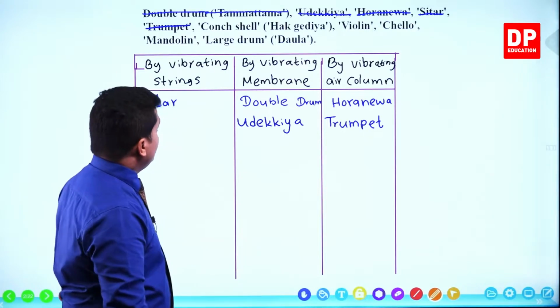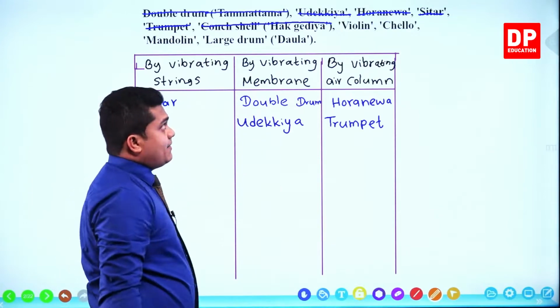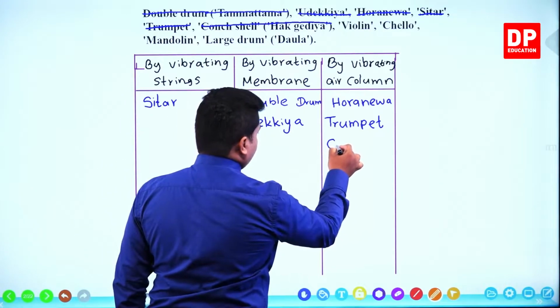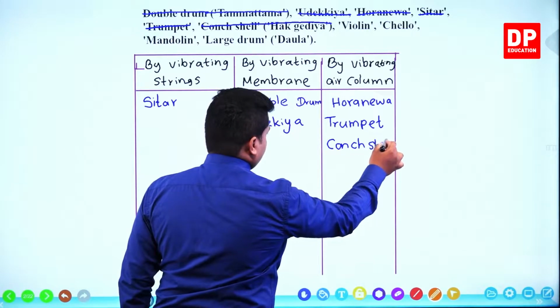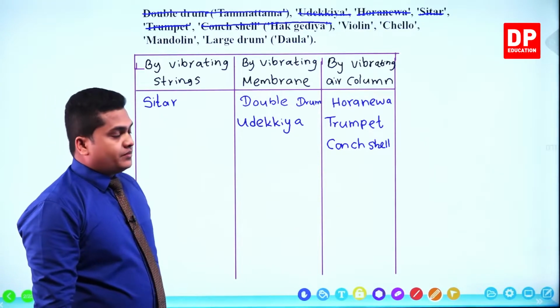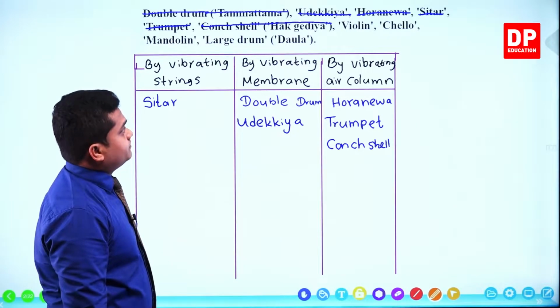So here also, we use the vibration of air particles to produce sound. Conch shell produces sound by the vibration of air particles or air column.